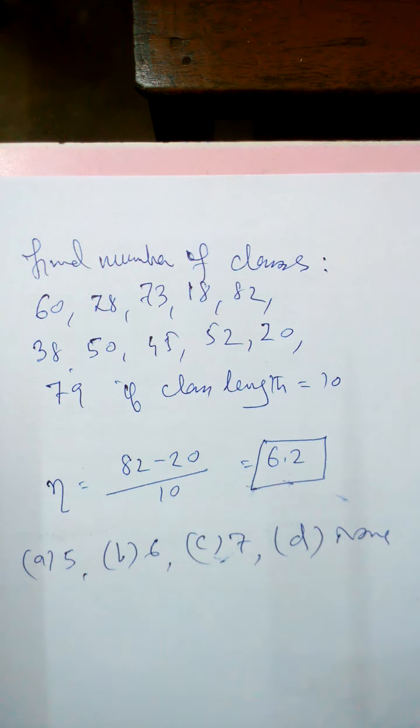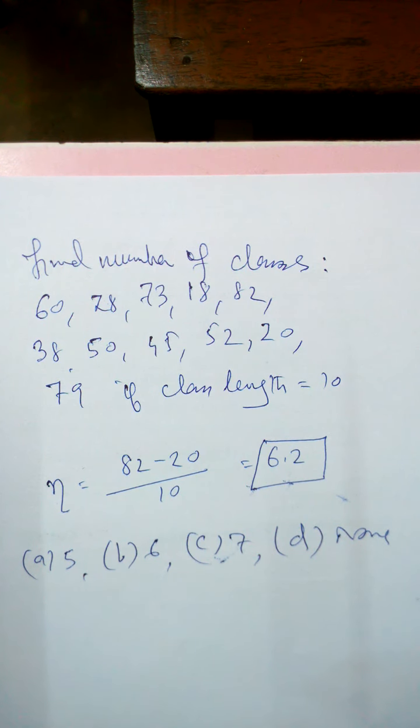Remember one very important thing: the number of classes can't be a decimal, obviously, because it is a count. So for a decimal answer we will always take the next whole number. Don't take 6, it will be wrong because you have to include all the figures.